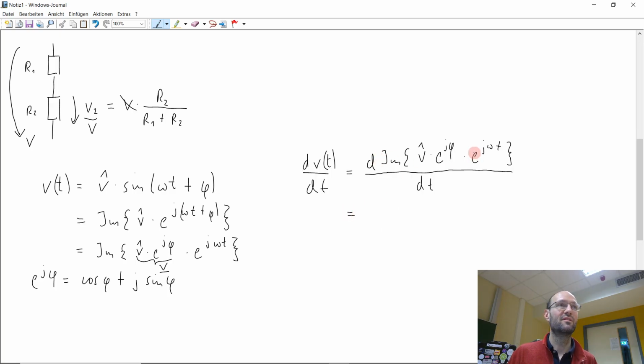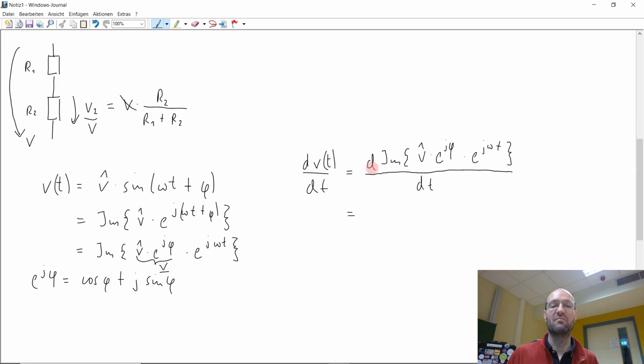What can we do with this time derivative in this mathematical formula? Exactly, the amplitude and the phase are constants. They don't depend on time, so we can just move them in front of this time derivative.